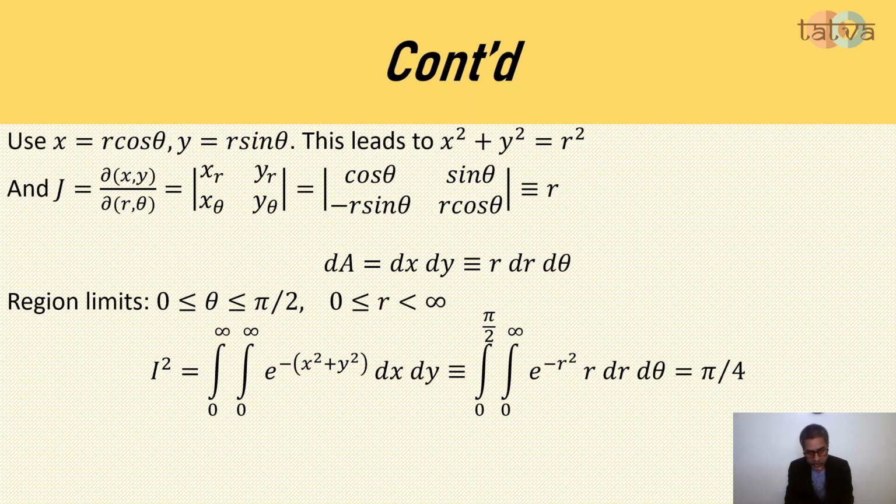And you can now see the function is now e power minus r square, and dx dy, which is the area element in Cartesian, is now r dr d theta in polar. And we'll have to integrate this.